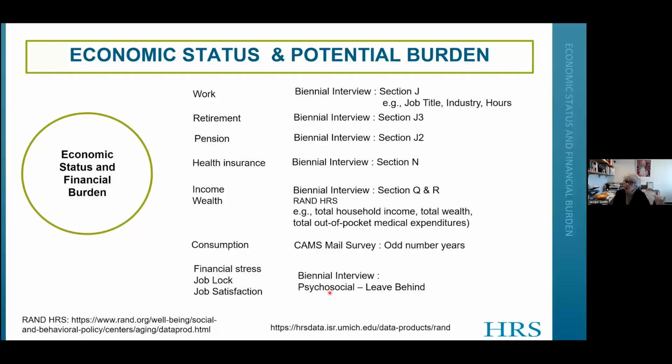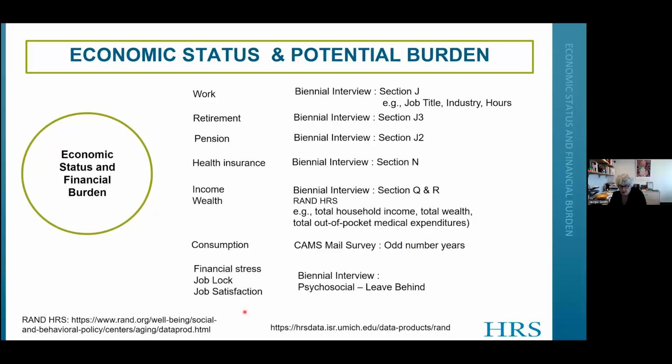But after a 2.5-hour in-person interview, or telephone interview, no, it doesn't go out to the telephone people. It only goes to the in-person. The interviewer leaves a questionnaire behind, and the people are asked to complete it in their own time and given a standard addressed return envelope. Anyway, here's the website for RAND.